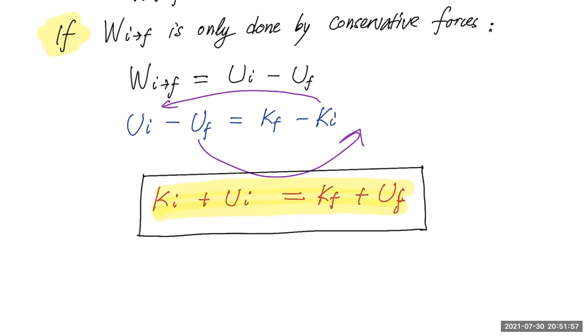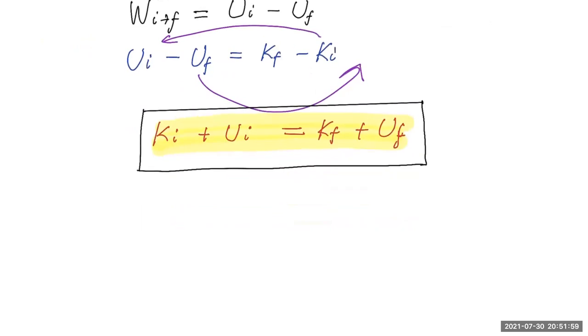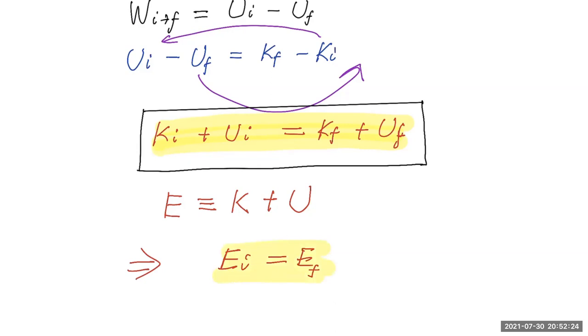And this quantity, the sum of K plus U, has a new name. Let me define E as the sum of K plus U. Then this simply means that E initial equals E final. So for the first time, we see a quantity that does not change as we go from one state to another state.